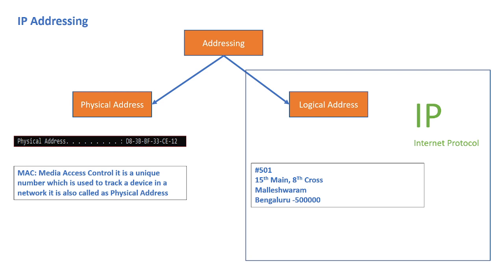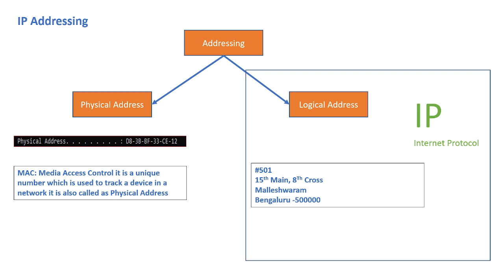The physical address is an address given to computer hardware at the time of manufacturing, and we also call it a MAC address. MAC stands for media access control address. This physical address is retained in the network interface card of the computer. If you have two network interface cards in your laptop, you will have two physical addresses.